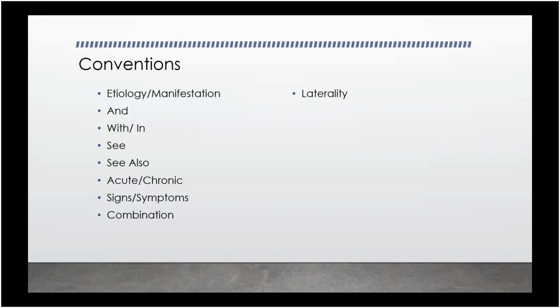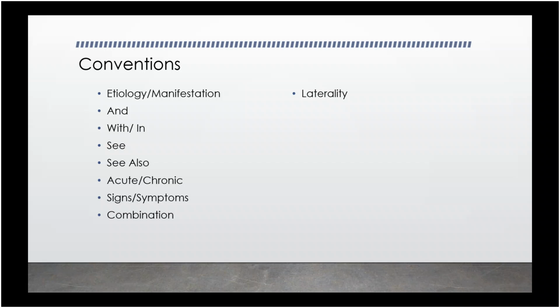Another, with our signs and symptoms, we also want to make sure that if we have signs and symptoms that aren't integral to that disease process, for example, they have fever, they have cough, and they have congestion. The cough and congestion is associated with acute bronchitis, but the fever was not. We would assign the acute bronchitis plus fever.